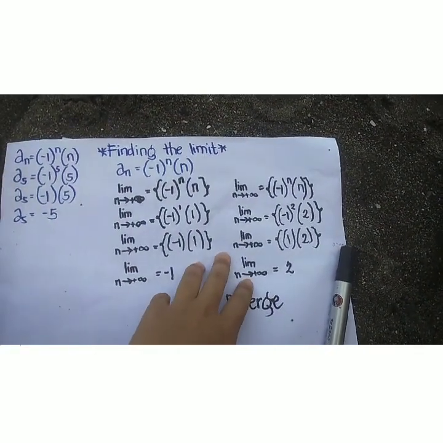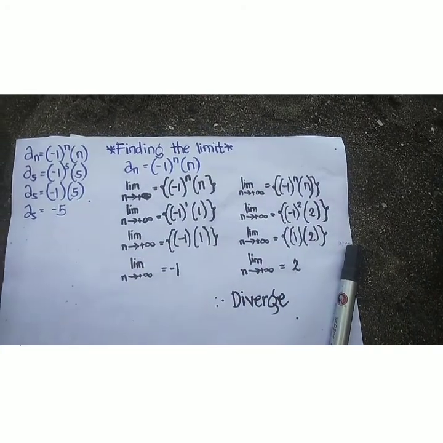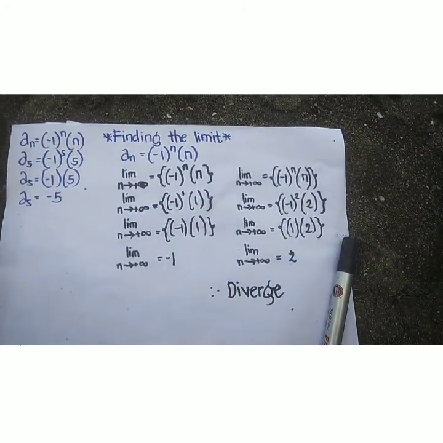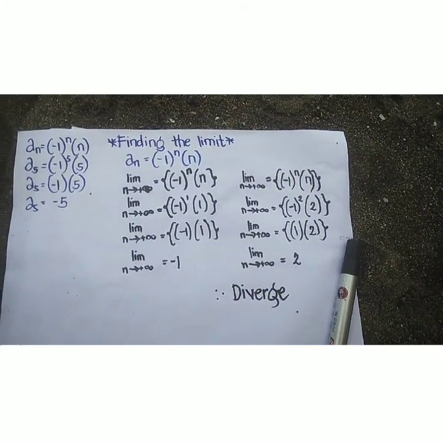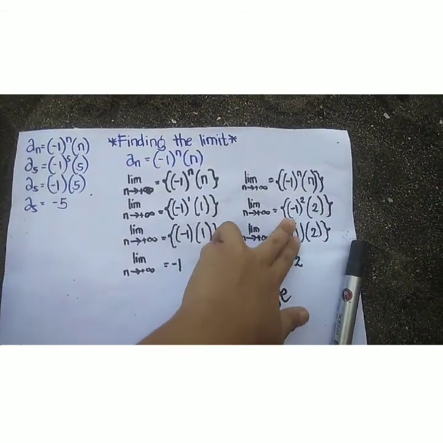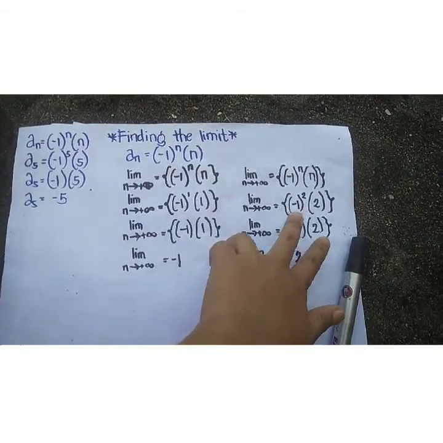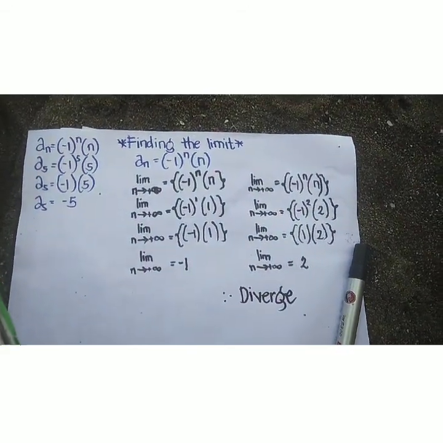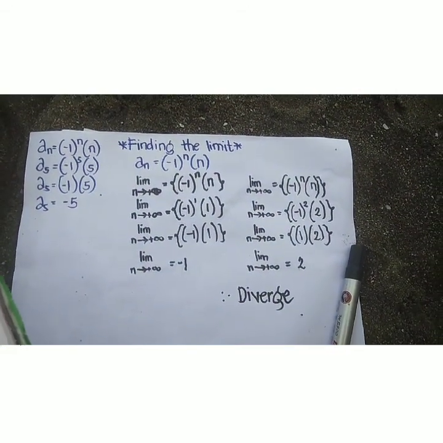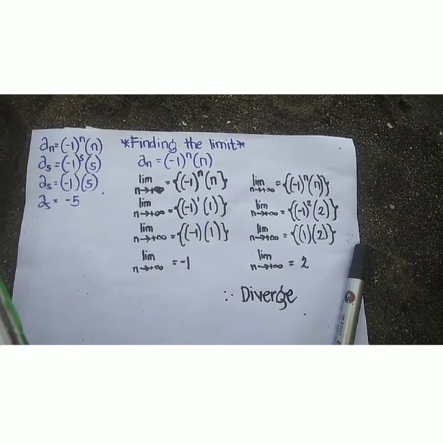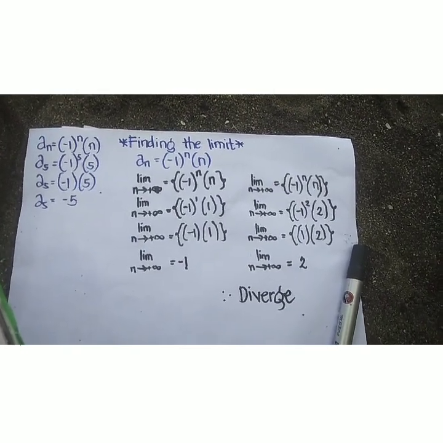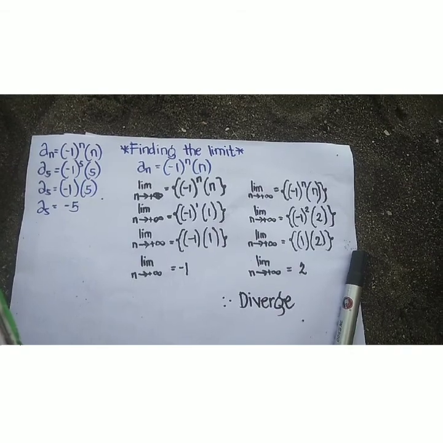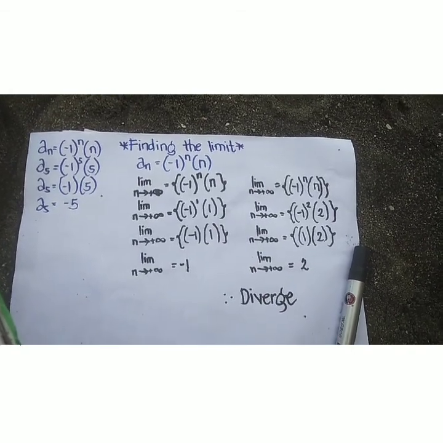When we also plug in our second term, which is 2, we have -1 raised to the power of 2 times 2. 1 times 2 is 2. If we continue solving this, the result would be -1, 2, -3, 4, -5, and so on and so forth.